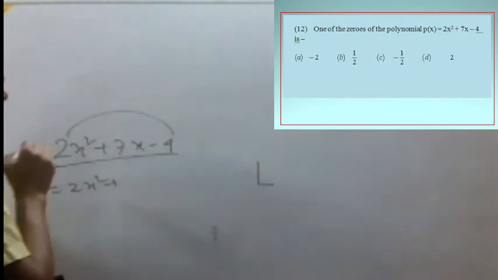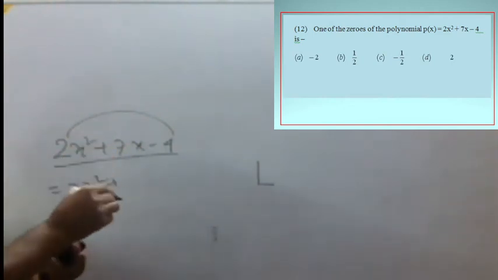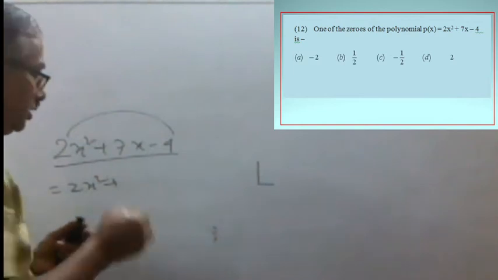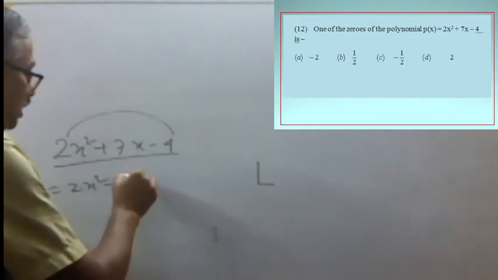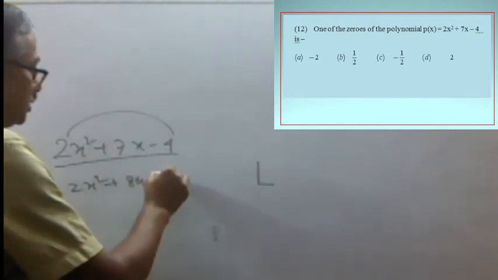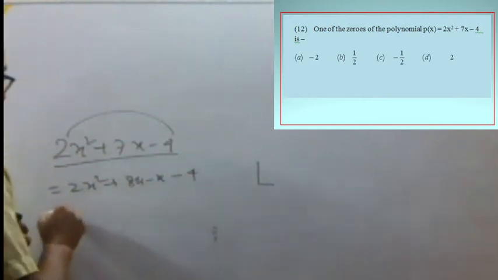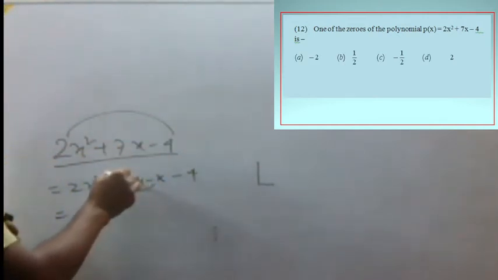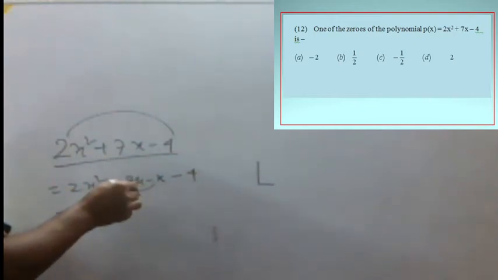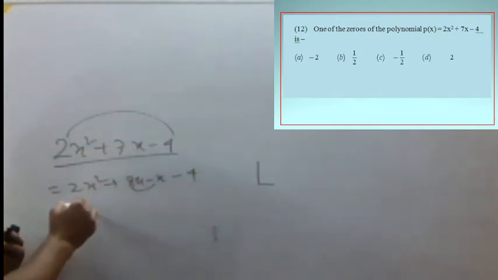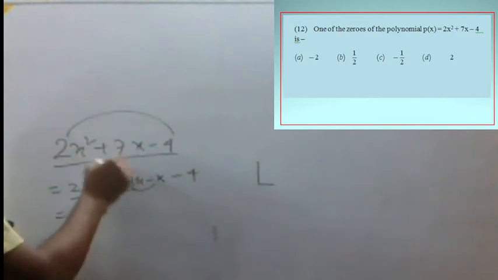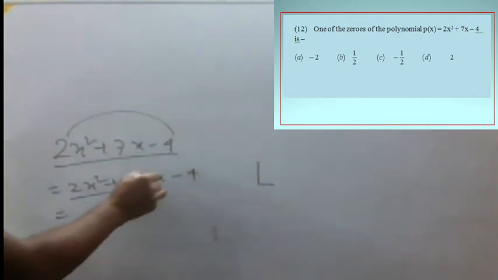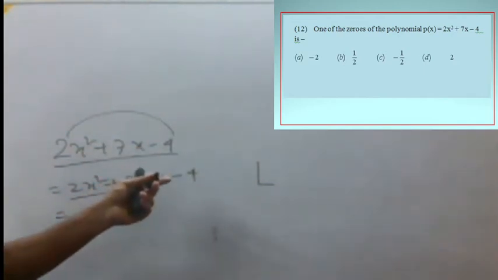So we have to split the middle term so that the sum is 7 and the product is minus 8. Only option is 8x minus x, because 8 into minus 1 is minus 8, and 8x minus x gives 7x.